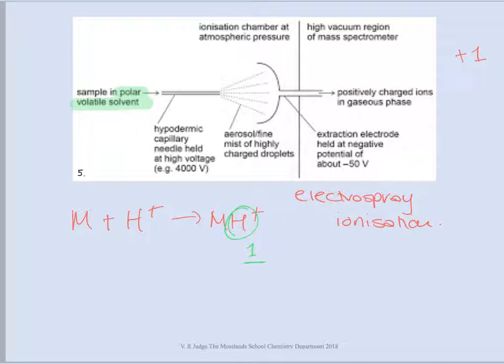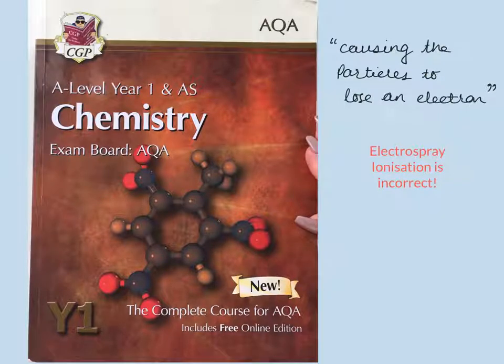And now there's another warning for you. If you use this textbook, the CGP A-Level Year 1 and AS Chemistry for AQA, which most of you do if you're in my class, the electrospray ionisation definition and description is incorrect. You'll see that it says in there, causing the particles to lose an electron, and the particles do not lose an electron.